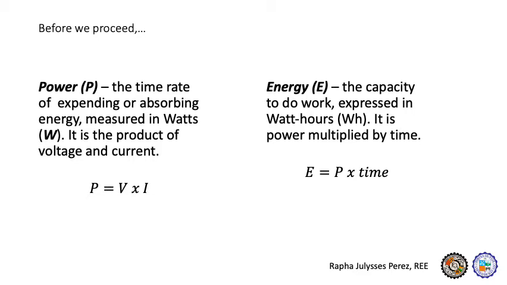Power and energy work hand in hand. Power is more used in ratings, while energy is used to measure how much electricity over time has been used by our electric circuit elements or electrical appliances.